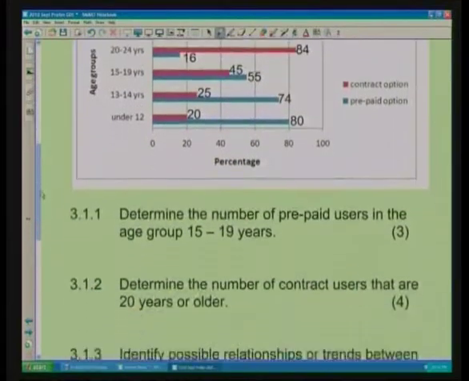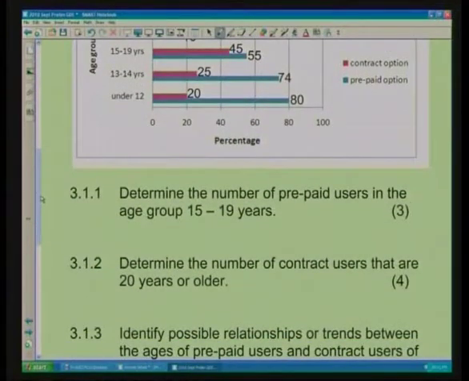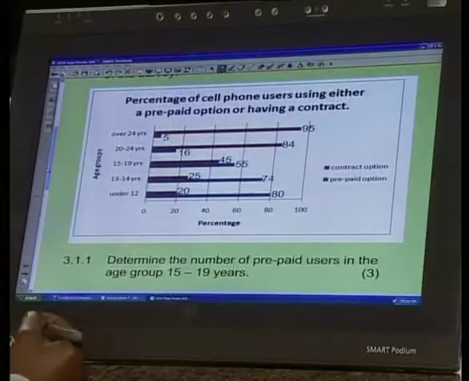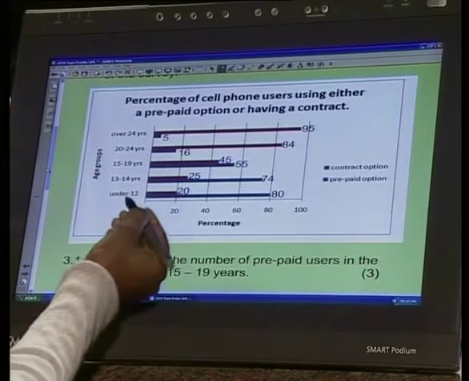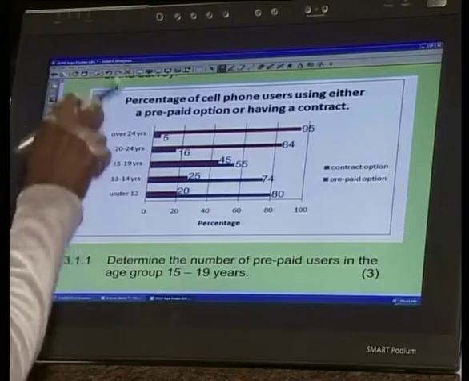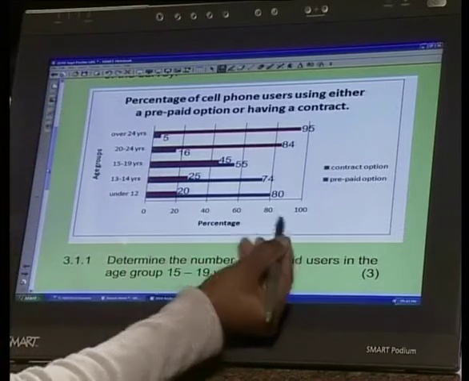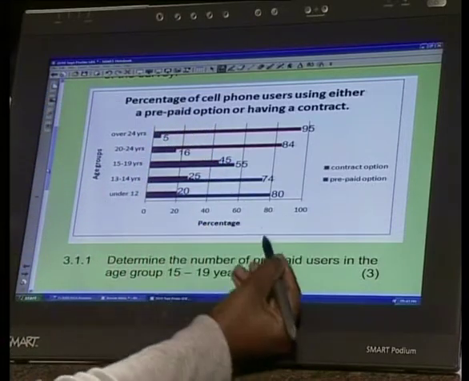The first question says, determine the number of prepaid users in the age group 15 to 19 years. Now, how do you get the answer? You go back to your graph. You've got different age groups on the y-axis. On the x-axis, you've got the percentage.